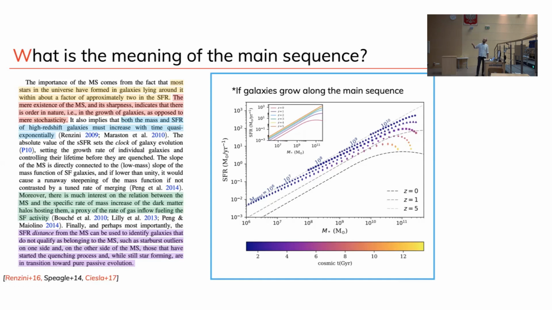And if you keep growing on the main sequence, then you do see this sort of evolution of the mass function. So again, probably the most common interpretation is that galaxies are growing somehow self-consistently in a very secular and smooth way, and that's what the main sequence is a reflection of.